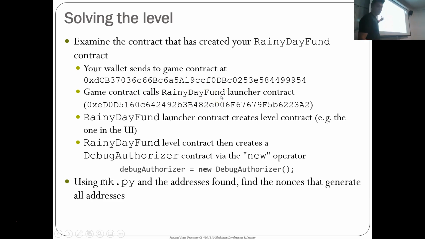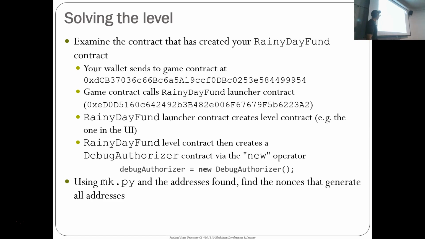So this launcher contract is what's shared across all of us. When any of us deploys a rainy day fund contract, it'll be done through this address. So this is the thing that creates all of it. And then this rainy day fund launcher contract will then create our own individual contracts in this CTF.